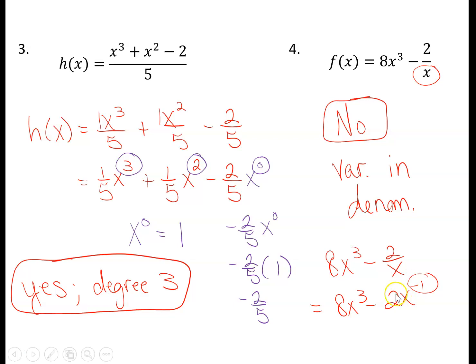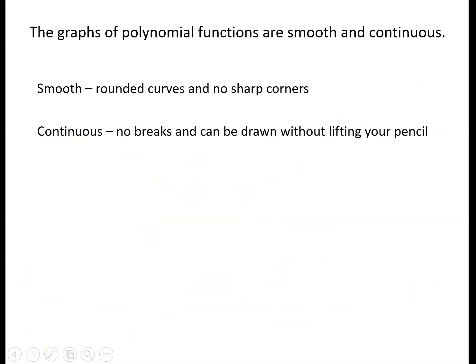Okay, so now we hopefully have an understanding of what polynomial functions are, what their equations are going to look like. But what are their graphs going to look like? Well, we have 2 words to describe the graphs. They are going to be smooth and continuous.